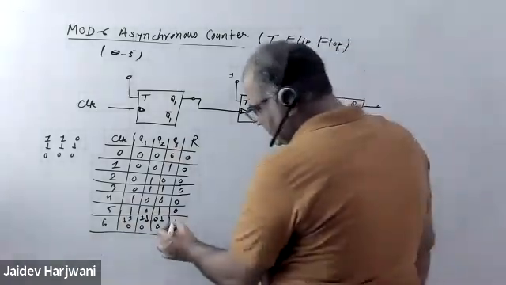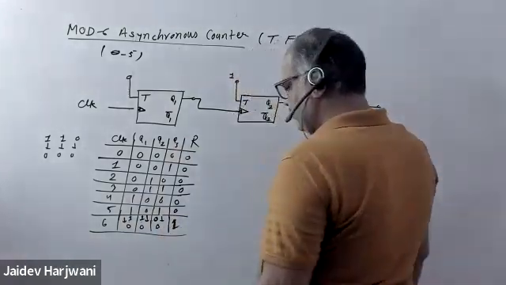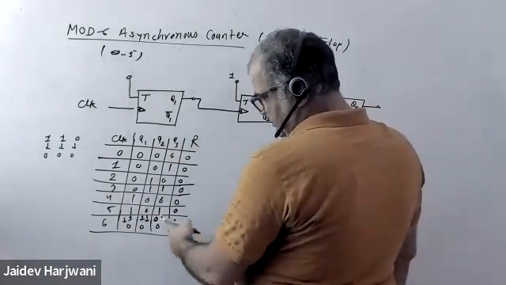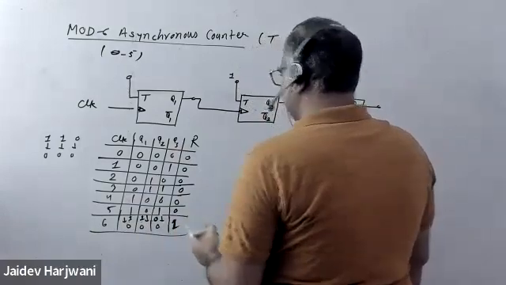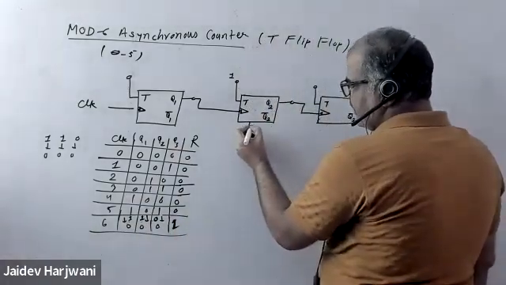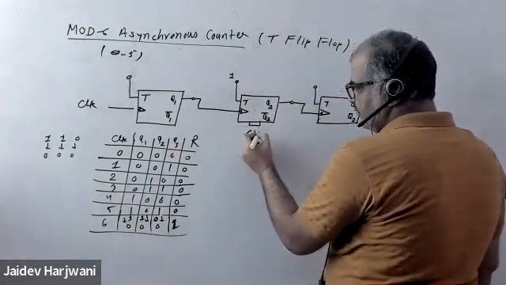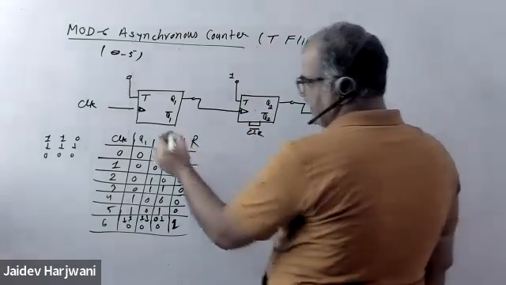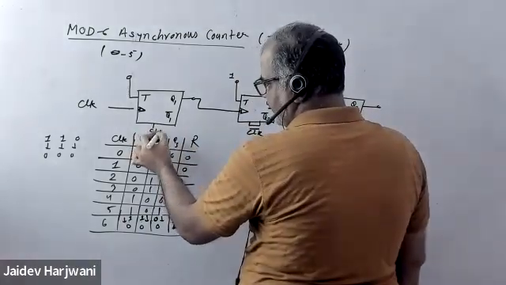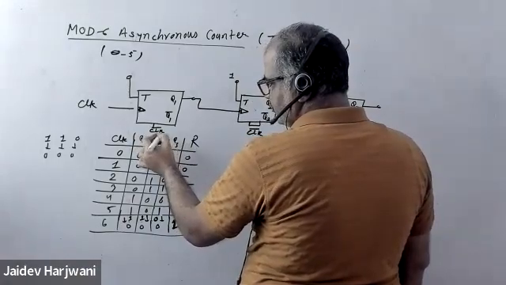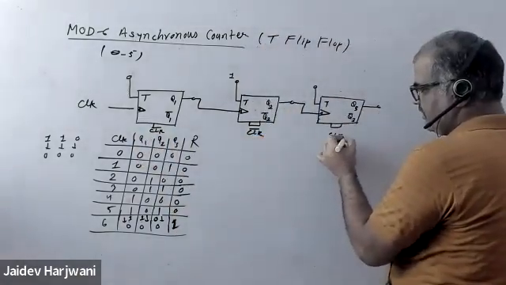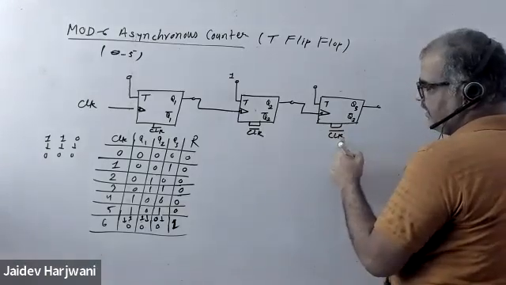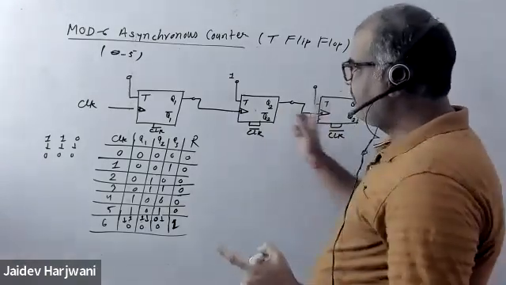Now what is the meaning of this? This will be clear in a minute. As soon as the 110 term comes, a parameter, here I am now putting clear bar, an asynchronous input. You know what asynchronous input does. Whenever you give 0 to this clear, it will make the output clear.